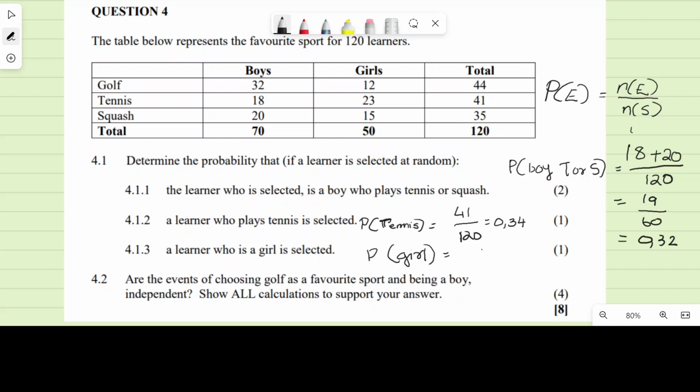In total there are 50 girls over the total number in the sample space, 120. Write the answer in the simplified form, or as a decimal. So it's 5 over 12, or as a decimal, 0,42.